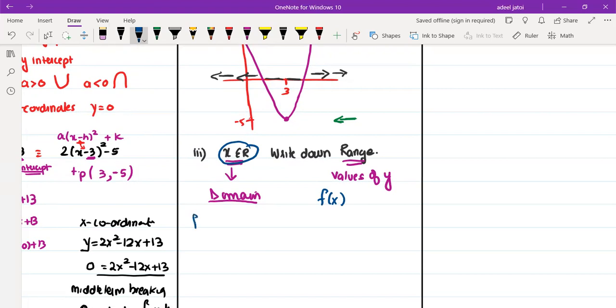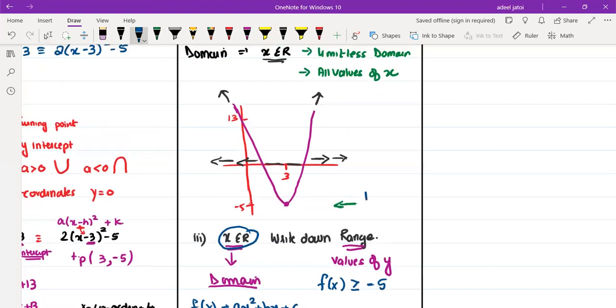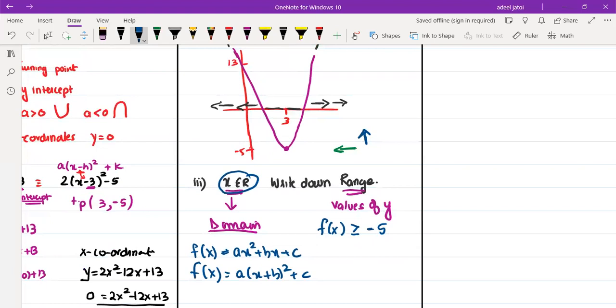For the function ax square plus bx plus c, or f(x) equals a(x plus b) whole square plus c, your range will be shown as f(x). It should be greater than or equal to minus 5. That means all the values will be above minus 5 for this particular range because of the turning point.